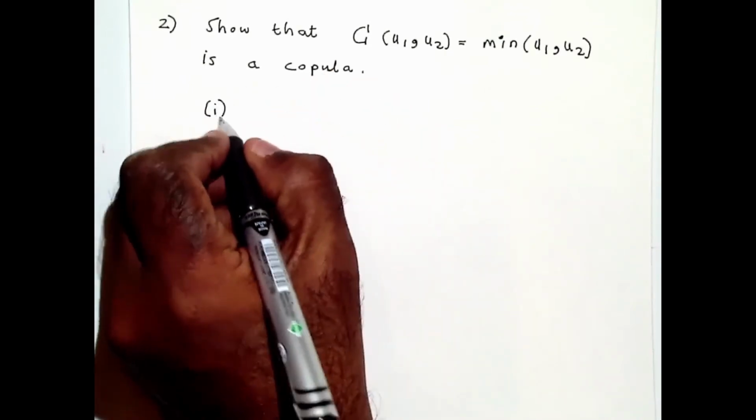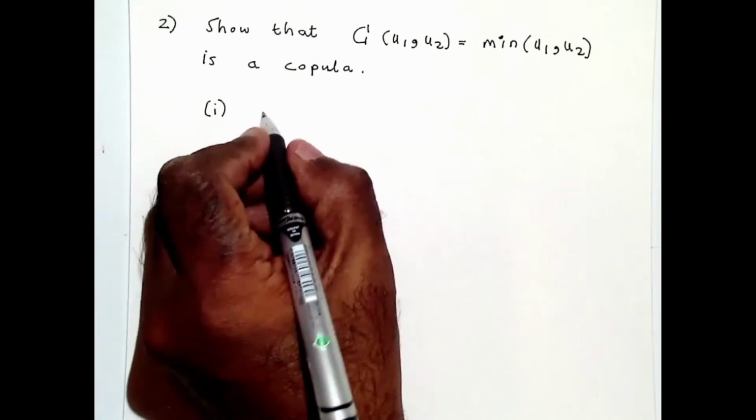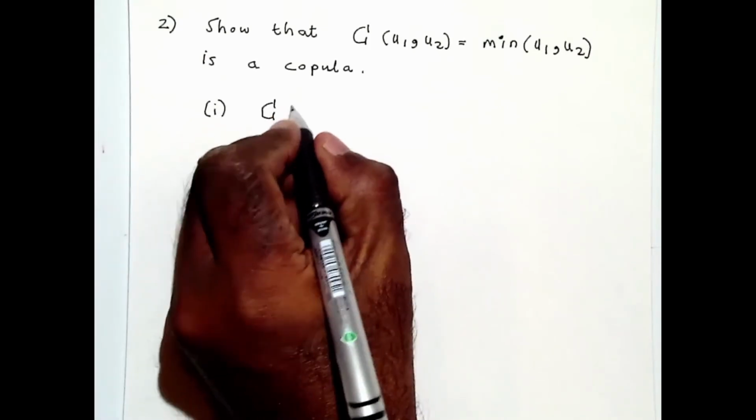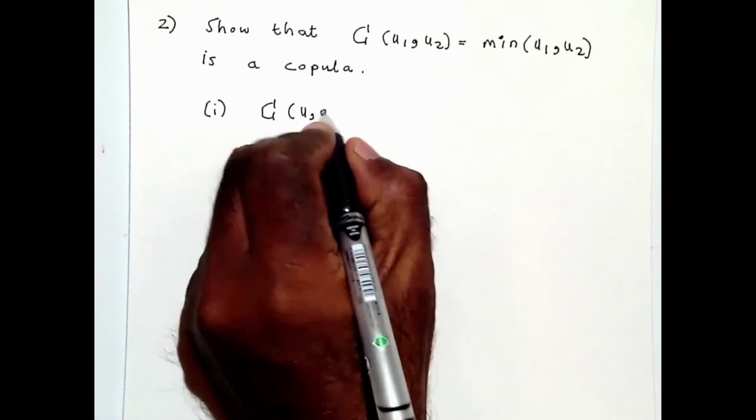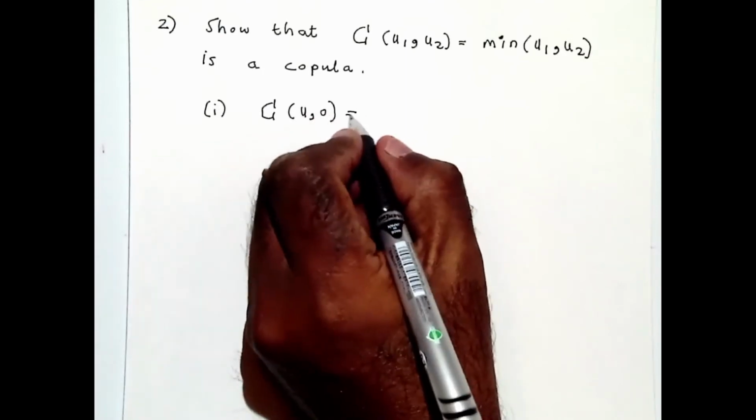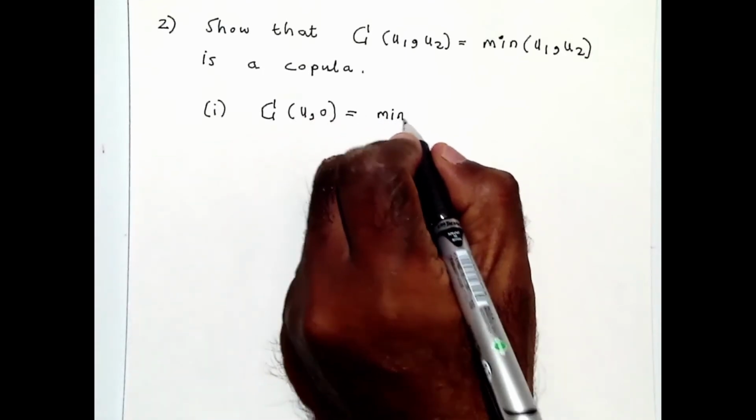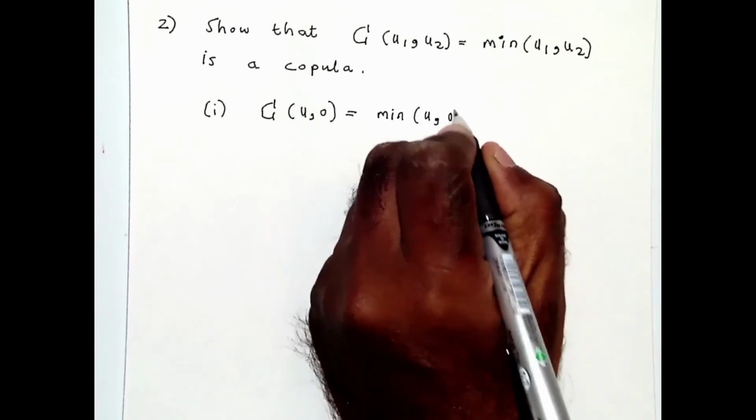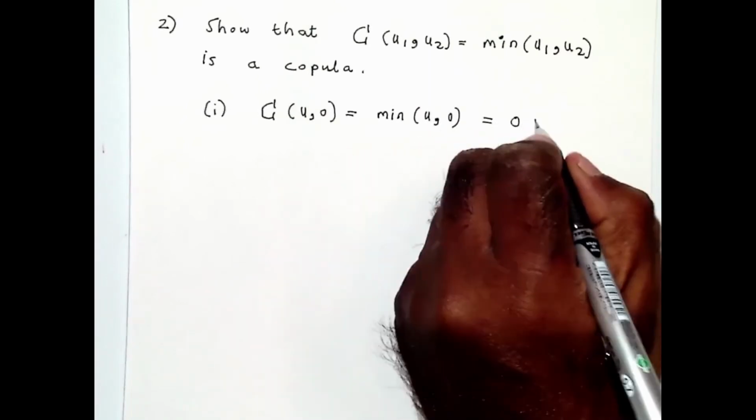So let's start with first part, which is c u comma 0 is equal to the minimum of u and 0, which is 0, so it is satisfied.